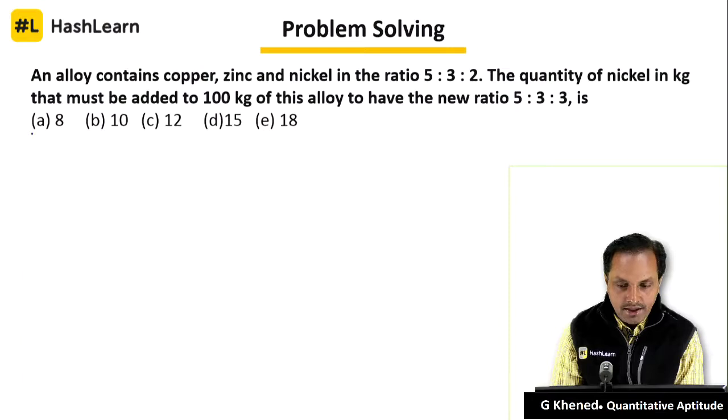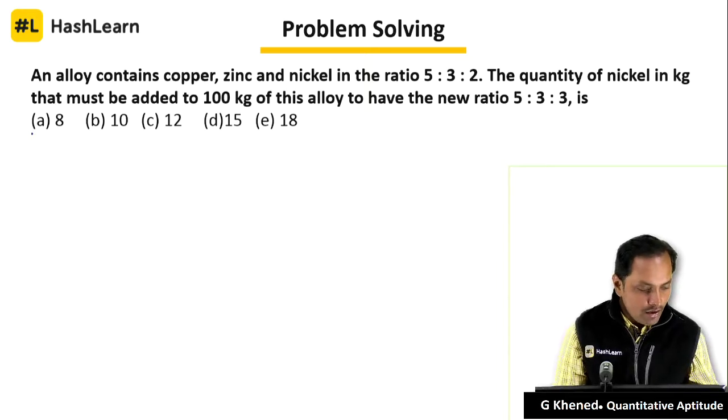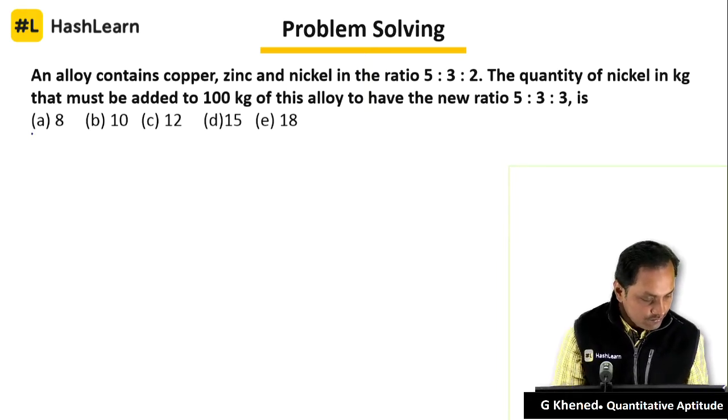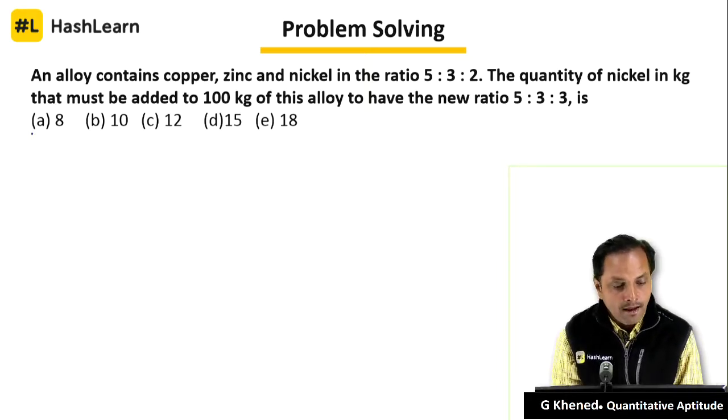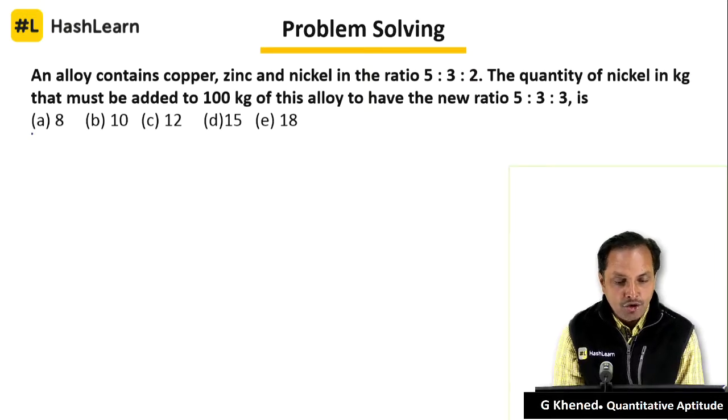Let us go to the next example. Here is an alloy. An alloy contains copper, zinc, nickel.